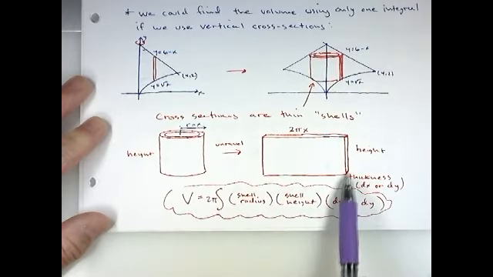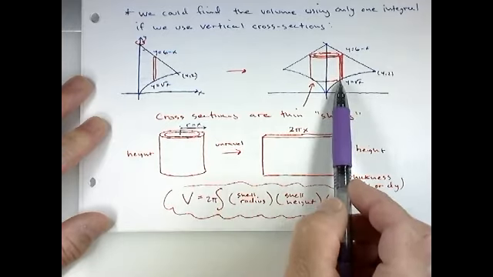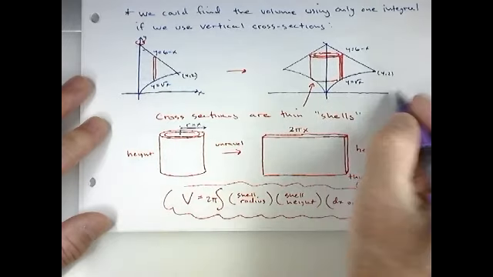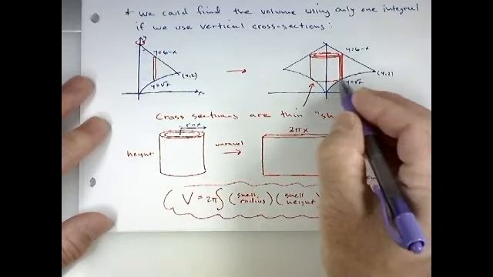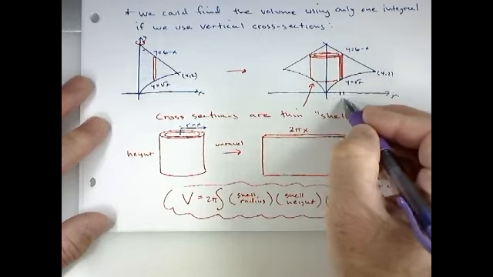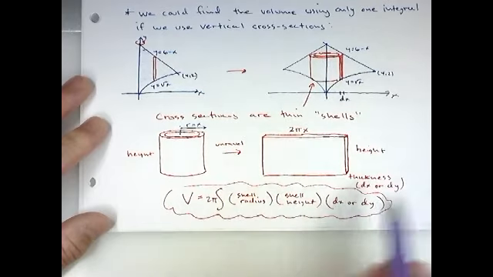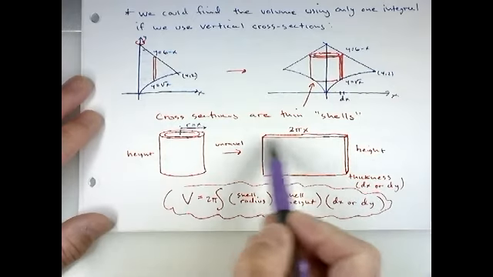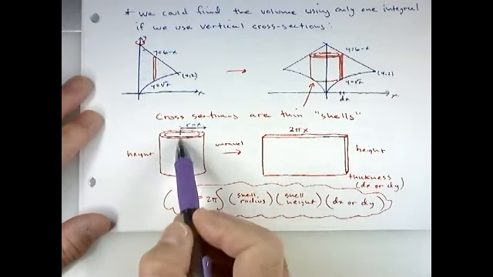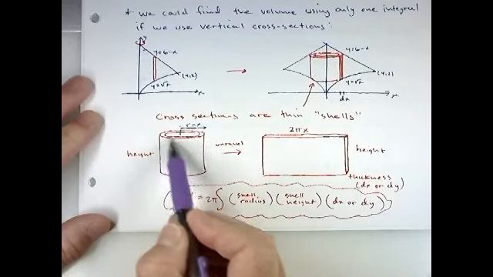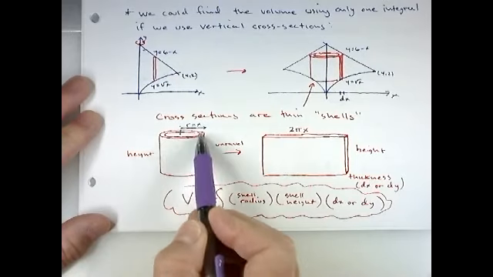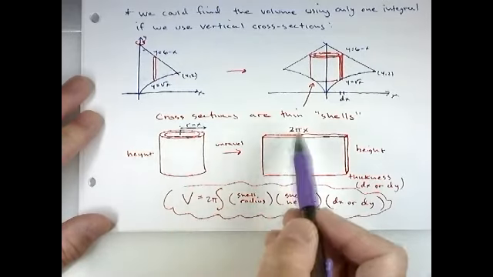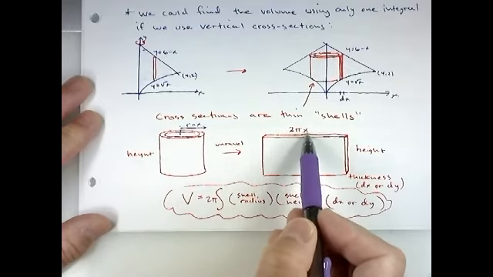The thickness in this case would be a small increment of x. This is the x-axis. That thickness right there is a small dx, but it could be dy, as we'll see. This length right here, if you unravel it, is like the circumference of the top. And the formula for circumference is 2 pi times the radius.